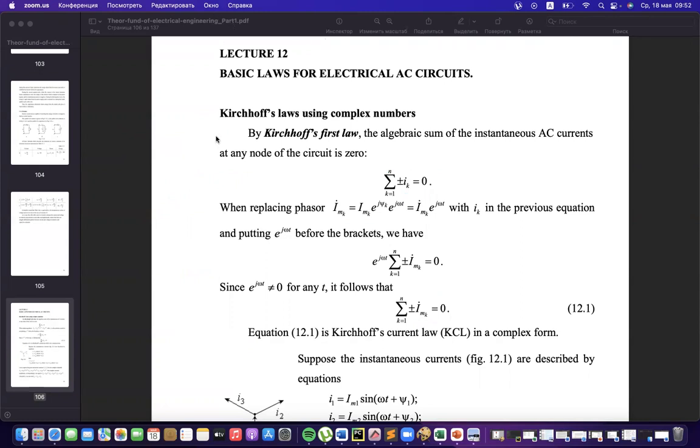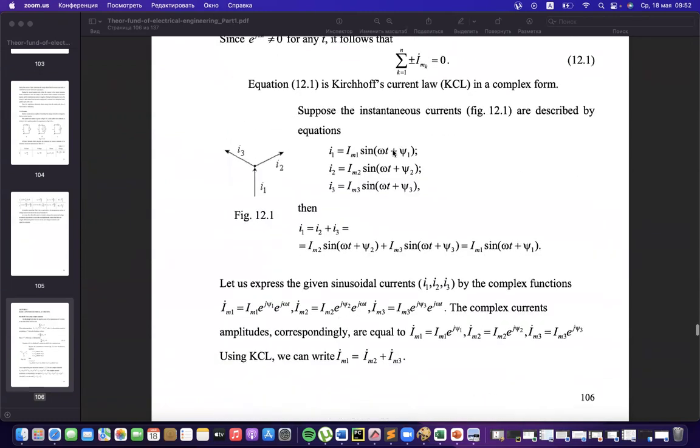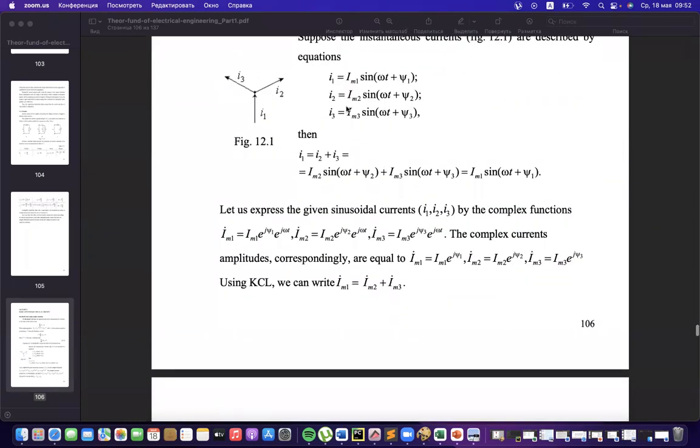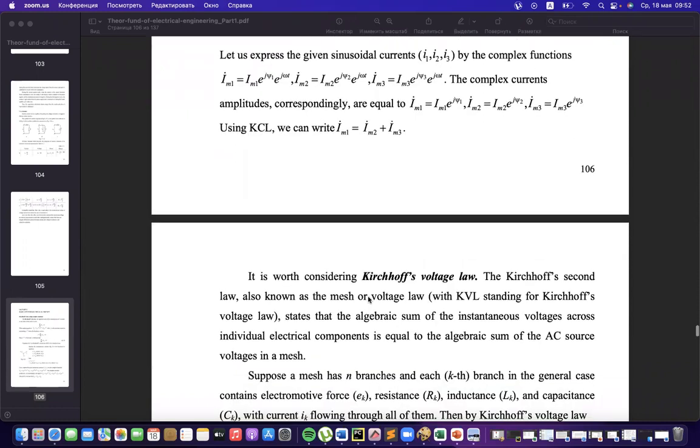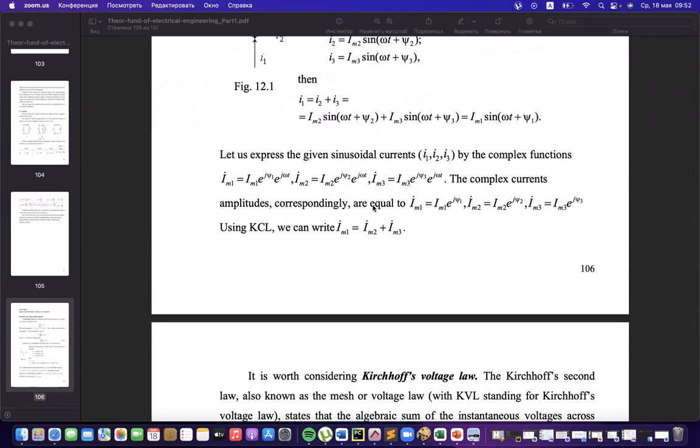You could use Ohm's law, Kirchhoff's law. Here is a representation in sinusoidal adding for a couple of currents. You could use them as time functions, or in complex numbers, where the vector represents the effective value of the sinusoid.